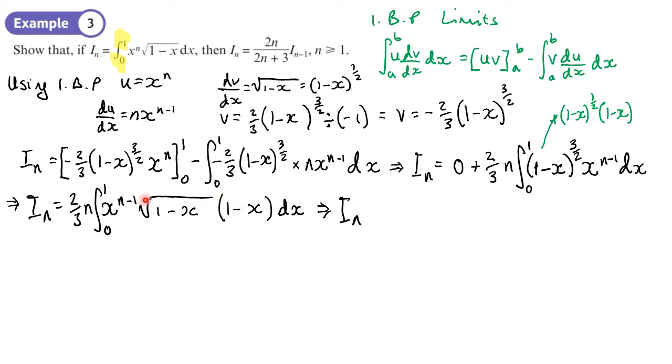And then what we can do is multiply these brackets to get two integrals. So we'll time this all by 1, and let's subtract all of this times by x. So that is going to look like this: 2/3 n. I'll just put this in brackets because I'm going to have two integrals here. So all of this times by 1, which will be this, x to the n minus 1 root 1 minus x.